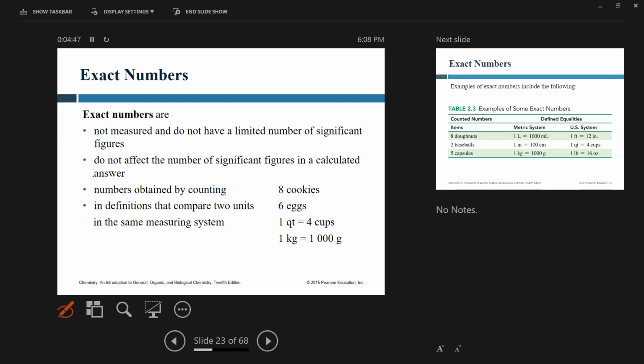We're clear. Exact numbers, they aren't measured. Let me explain. 6, 12, 18, 23, 24. Those are exact numbers. Countable pieces. Does that make sense?